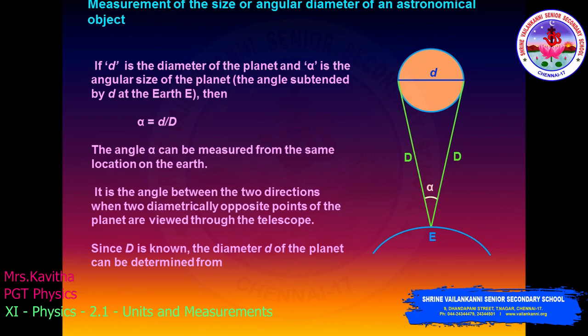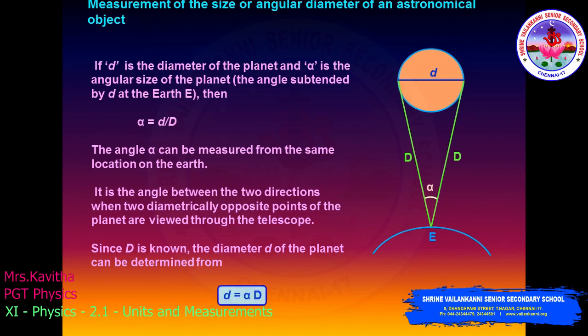Now, the angle alpha can be measured from the same location on the earth. It is the angle between the two directions when two diametrically opposite points of the planet are viewed through the telescope.